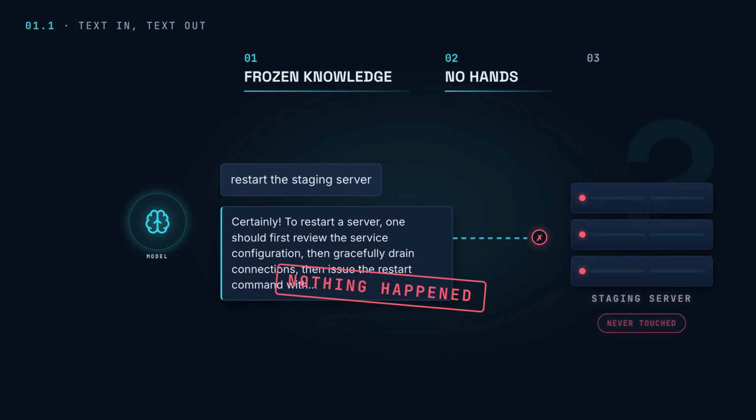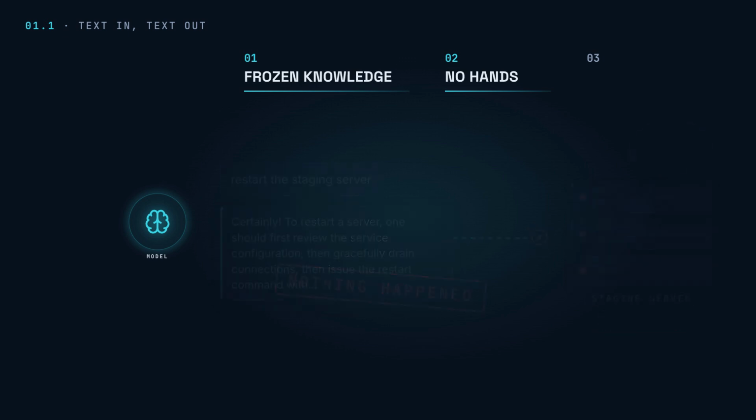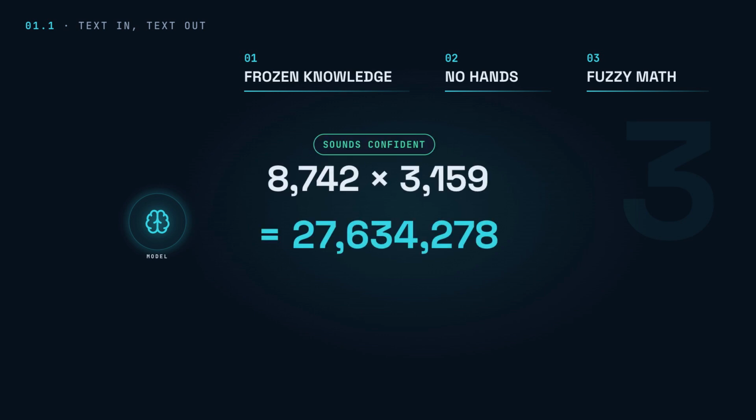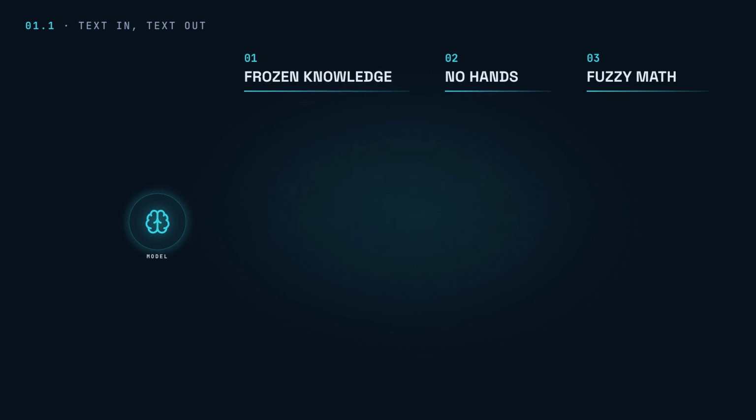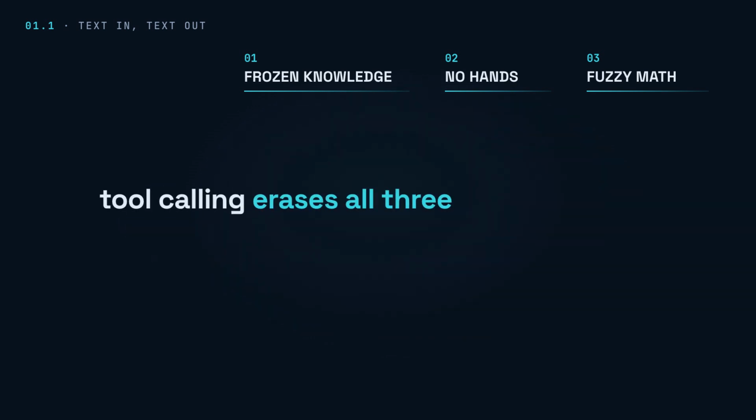The actual server never hears a thing. And limit 3. Fuzzy math. A model predicts text. It doesn't calculate. So long multiplication comes back confident and wrong. Frozen knowledge. No hands. Fuzzy math. Hold on to all 3, because tool calling is about to erase them.